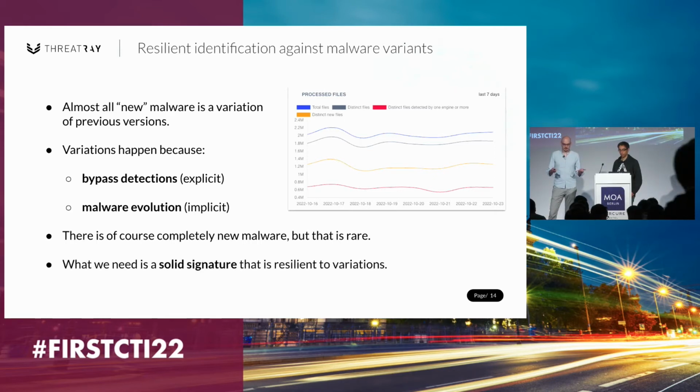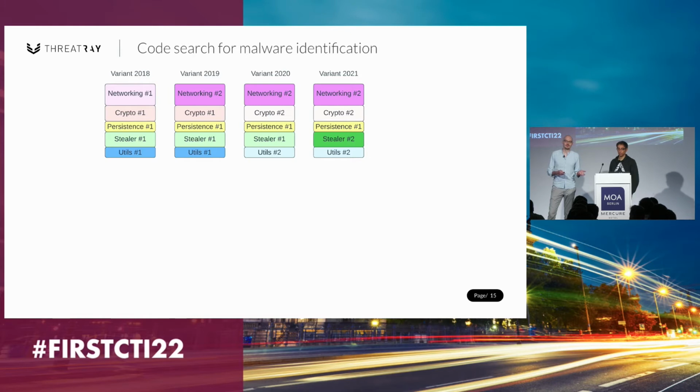So what this leads to is that you need some sort of solid signature approach for malware families that is resilient against those kinds of variations. This is what makes code search so interesting, and I will briefly explain why you get resilience against these variations by using code search technologies.